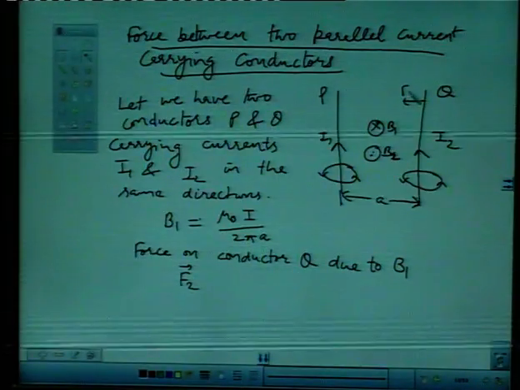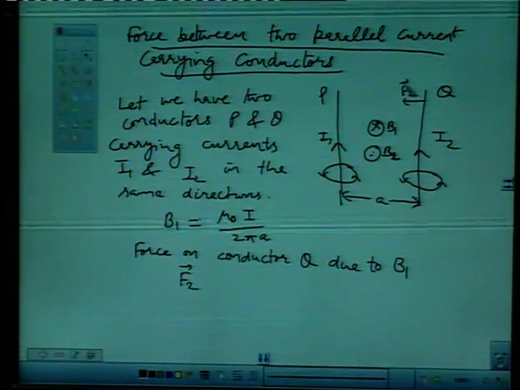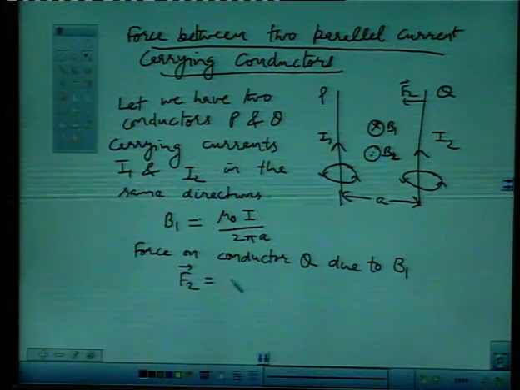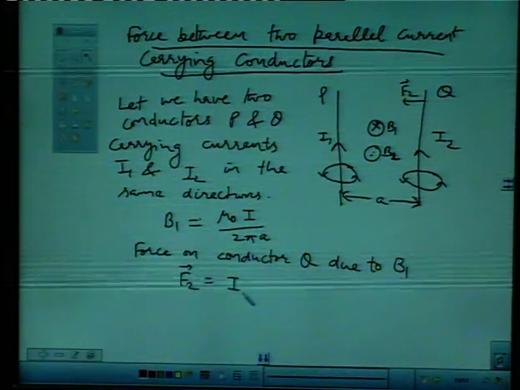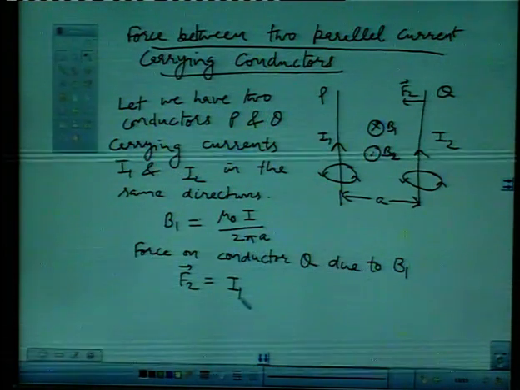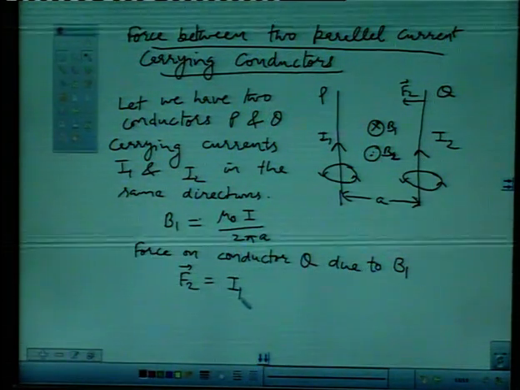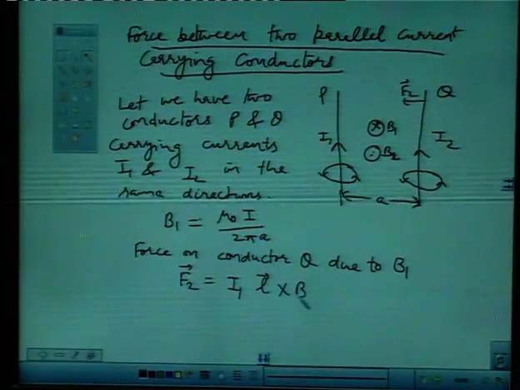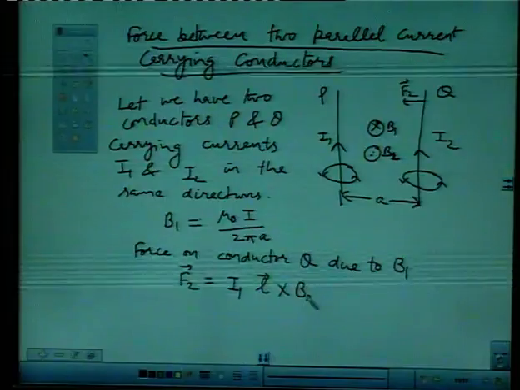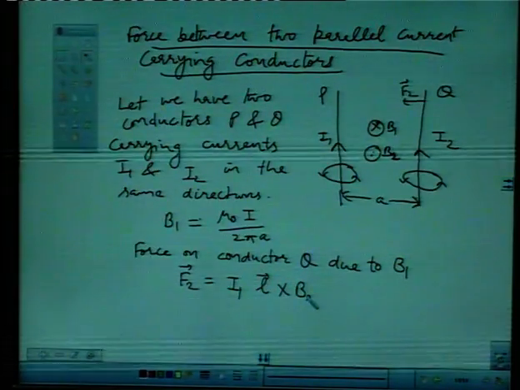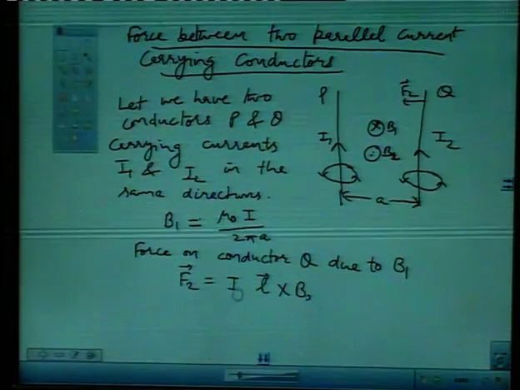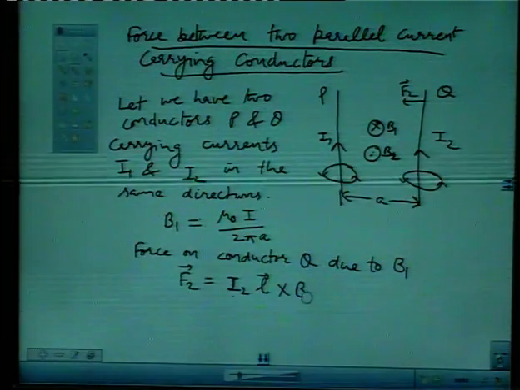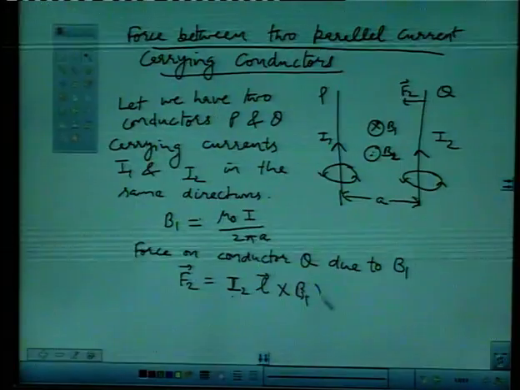This will be like this: the force F is equal to the current I2 carrying conductor, length is L vector, cross the magnetic field due to the first conductor, B1.